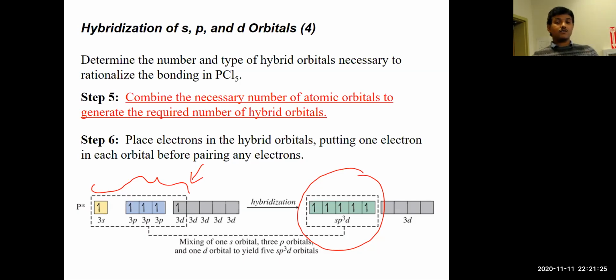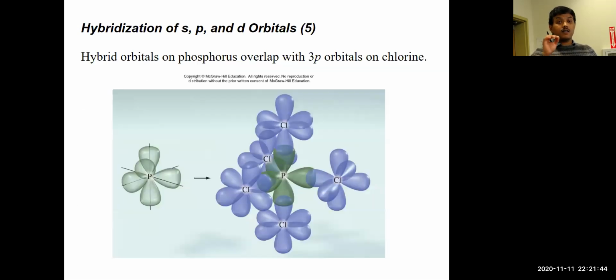Here for phosphorus, you are combining one s, three p, and one d orbital. The name is going to be sp3d hybrid orbital.